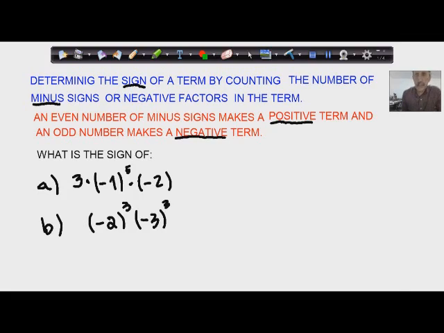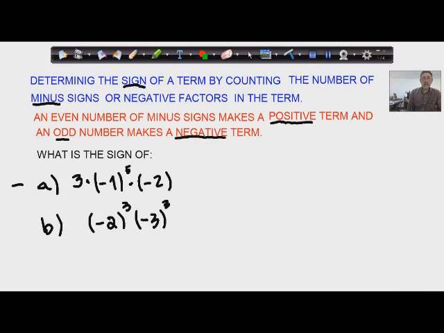We can just ignore them. The rule is an even number of minus signs makes a positive term and an odd number makes a negative term. For instance, let's decide which sign has this term here.